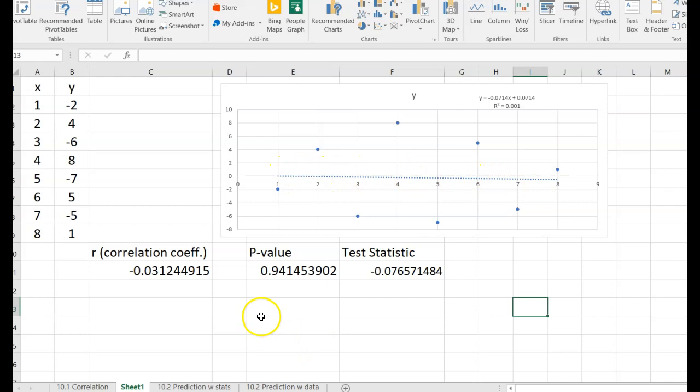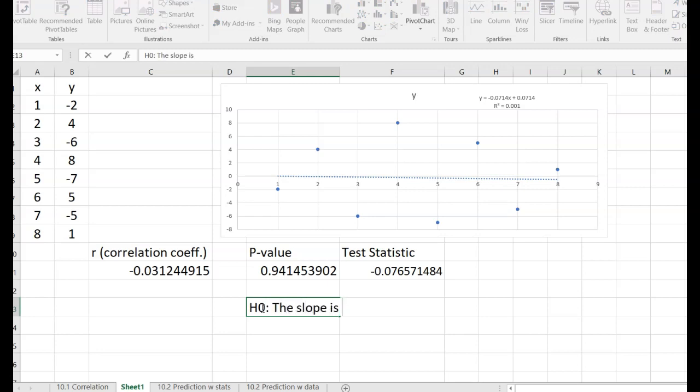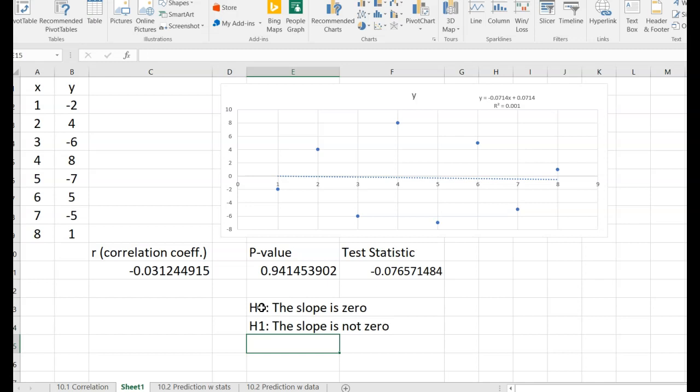So if we did a hypothesis test, and technically we are doing a hypothesis test, we're saying the null hypothesis is the slope is 0. All right, and then the alternate hypothesis is the slope is not 0. Basically, that's what we're doing here when we're talking correlation. It's really something called linear regression when we're technically doing this, but it's very related to this idea.